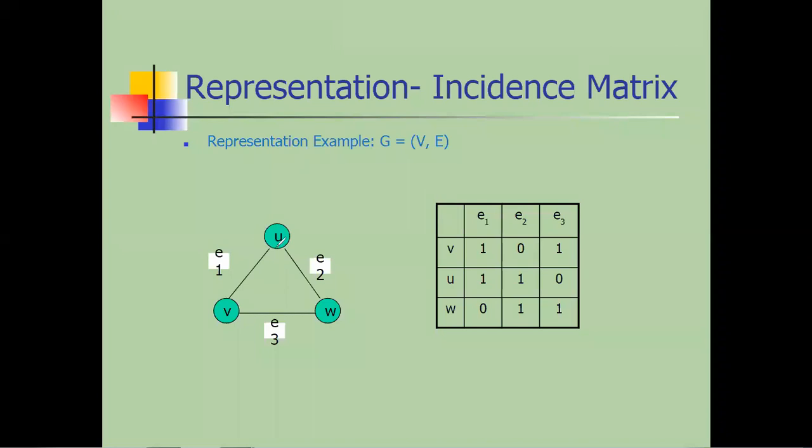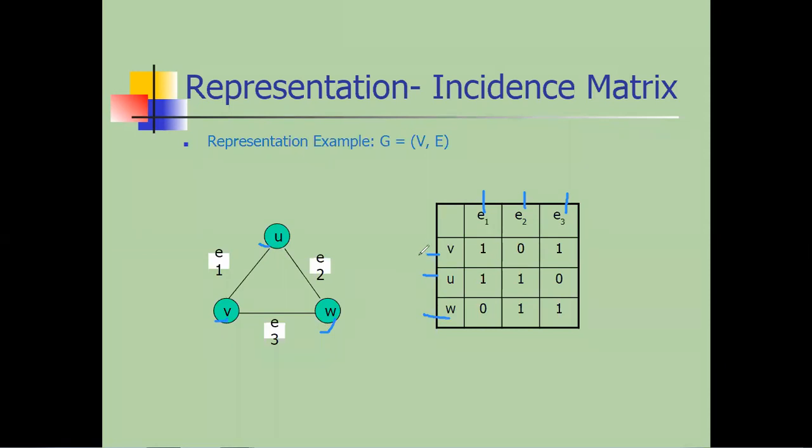How many vertices are there in total? That is 3: this is vertex 1, this is vertex 2, this is vertex 3. A matrix is a combination of rows and columns. We know that the total number of vertices gives the number of rows and columns. So how many rows? 3, and columns also 3.